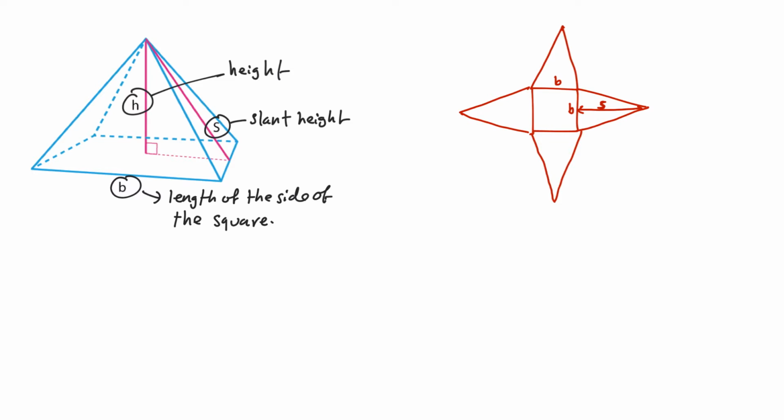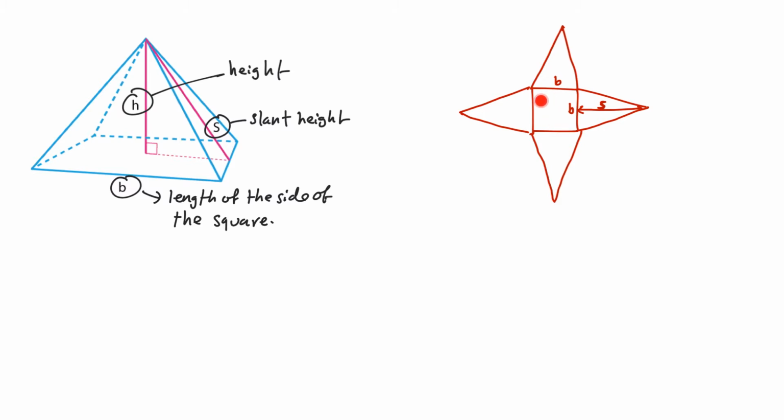So now if we wanted to take the surface area of the shape, we would have to be looking at the area of this square plus the area of this triangle, this triangle, this triangle, this triangle, all added together.